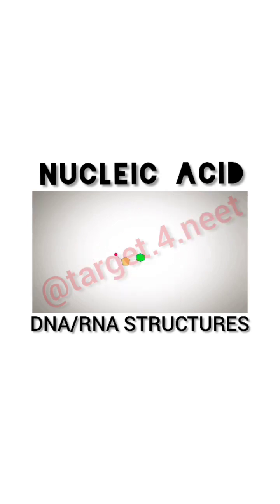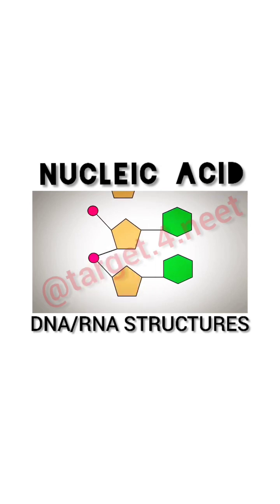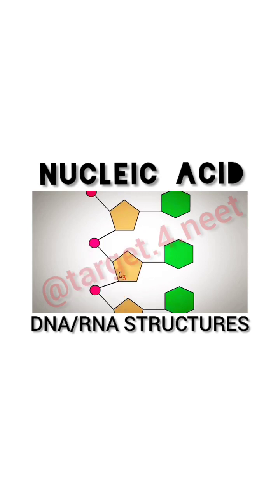Next, let's look at how many nucleotides bind to each other to form a chain of nucleotides called a polynucleotide. So you can see basically what happens is that the phosphate group that attaches to the carbon number 5 of the sugar below also forms a bond with the carbon number 3 of the sugar above, and this pattern is repeated again and again.